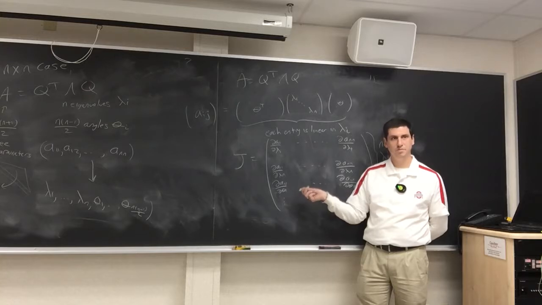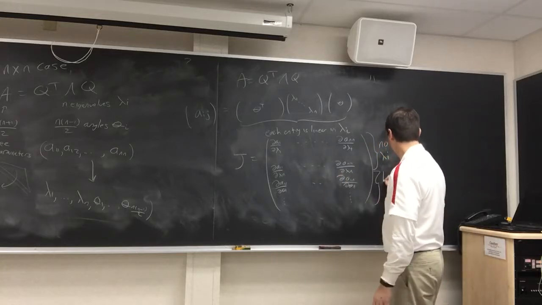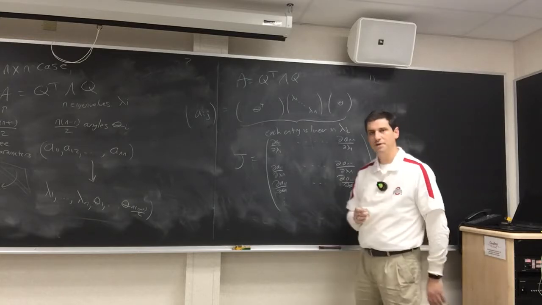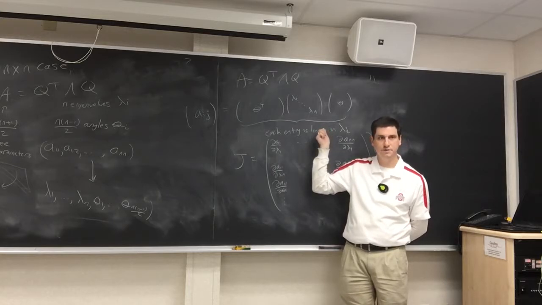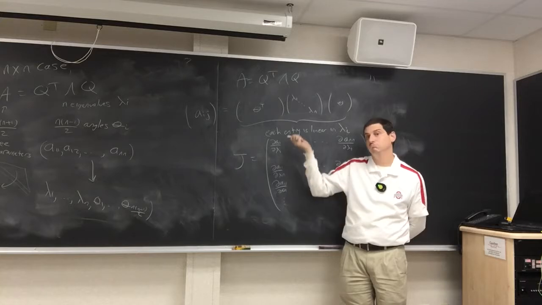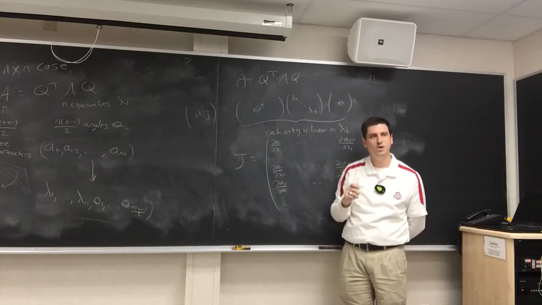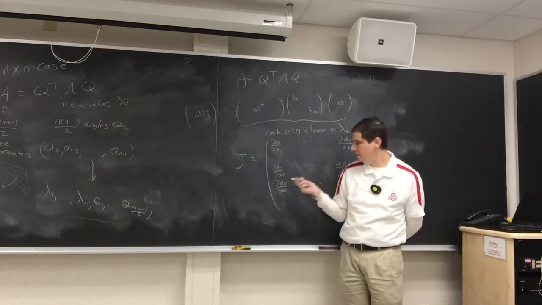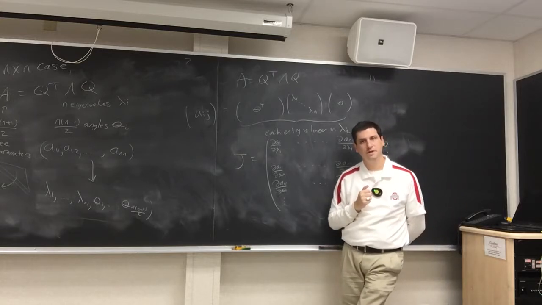Yes, but they have to be linear in the eigenvalues, because each entry is linear in the lambda i's. So when I differentiate with respect to an angle, if I had 5 lambda 1 cosine of whatever, when I take the derivative of the angle part, I'll still have that 5 lambda 1. So each entry here is still linear in the eigenvalues.